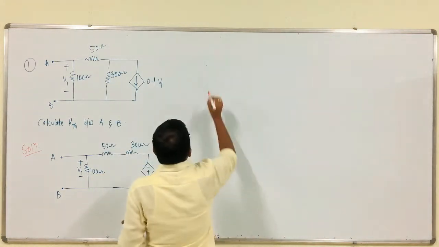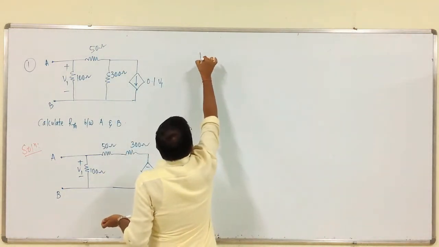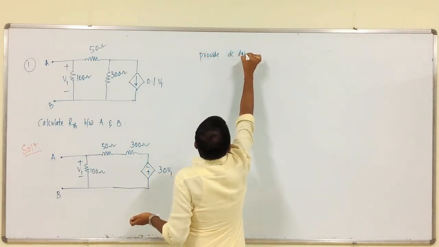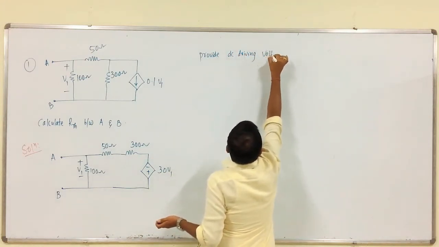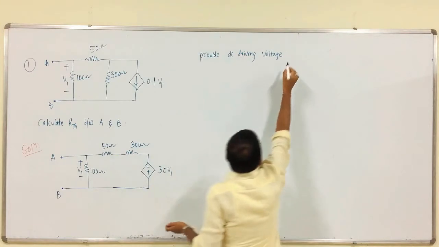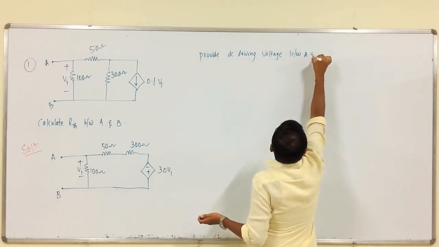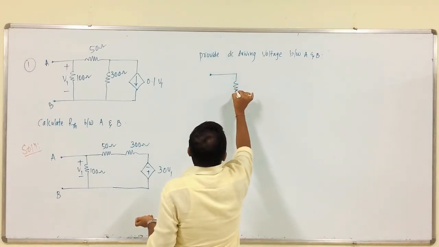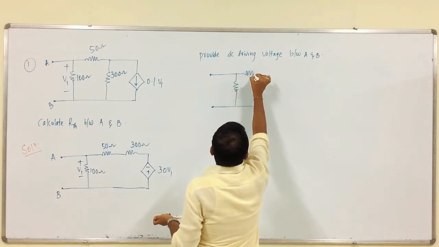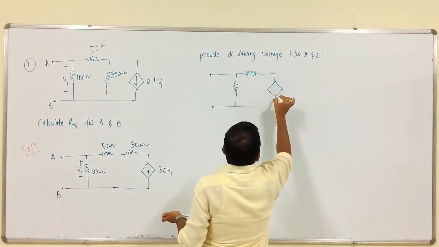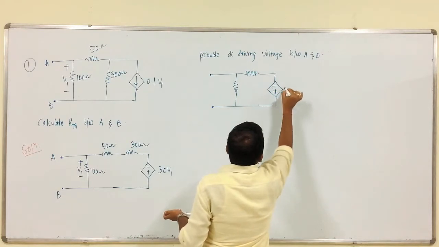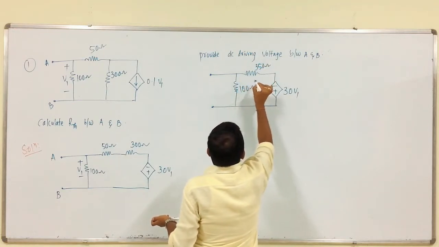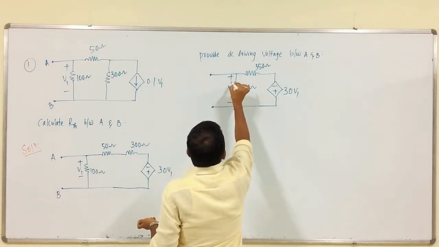Therefore, provide DC driving voltage between A and B. So, this is the circuit, minus plus, this is 30 V1, this is 350 ohms, this is 100 ohms, plus minus, this is V1.